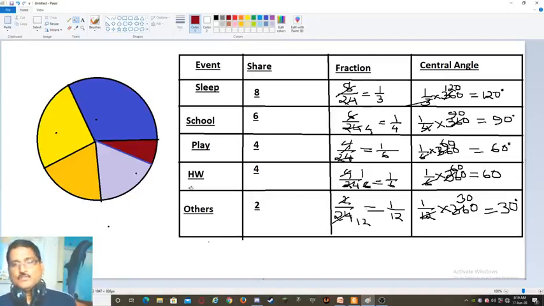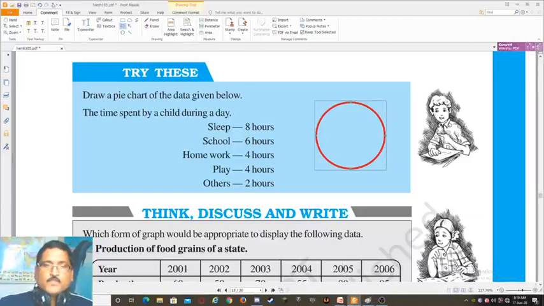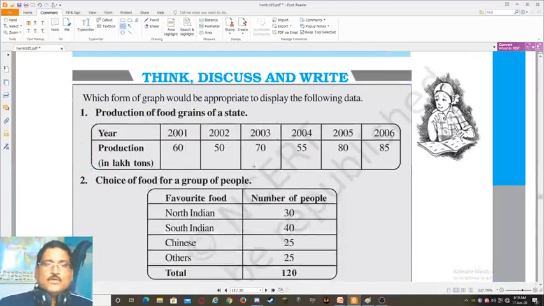Have you understood? Okay. Now coming to the next question. Whatever information is generated, I can convert here also. Now, production of food grains in a state in the year 2001, 16 lakh tons, 60, then 50, 70, 55, 80.